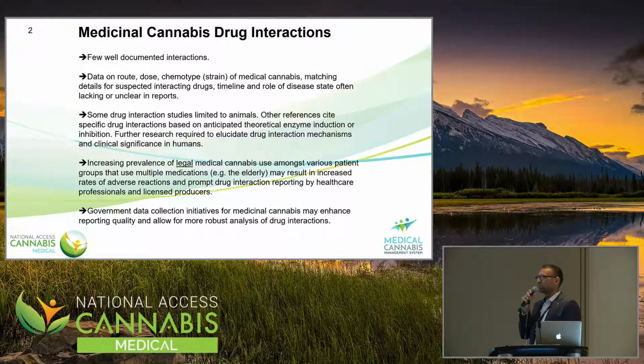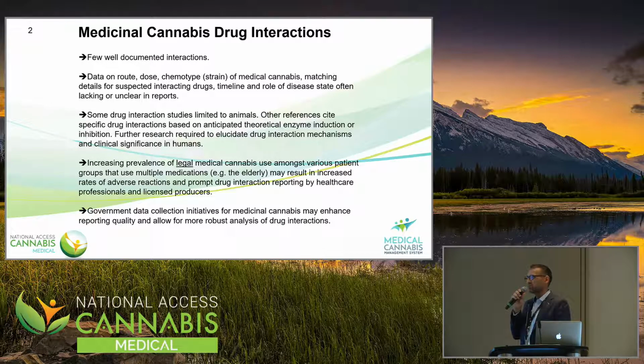So we really need more research to be able to understand the mechanisms behind it and the clinical significance. And I think that's the key: what is the clinical significance in humans? We have an increasing prevalence of legal medical cannabis use amongst various patient groups.